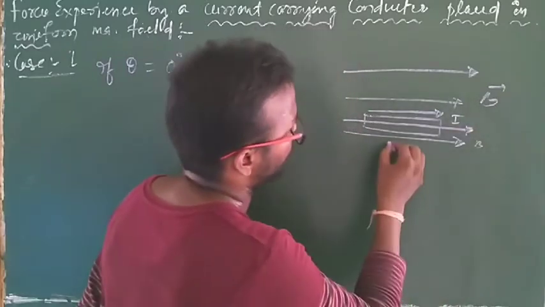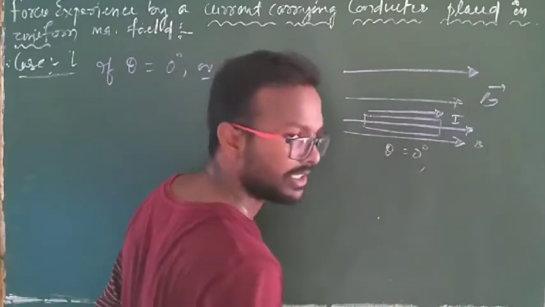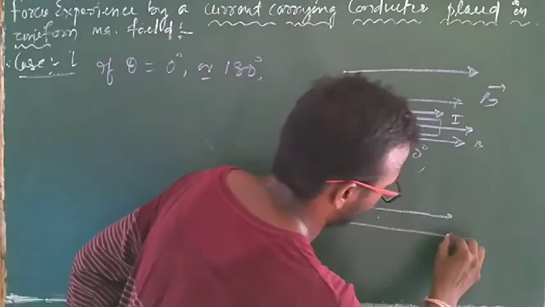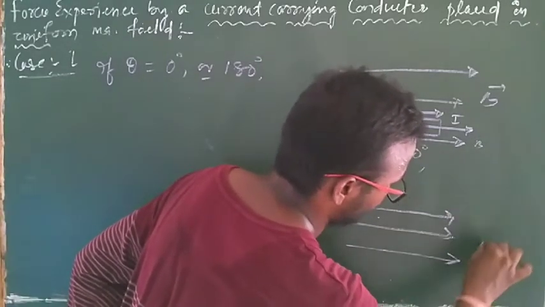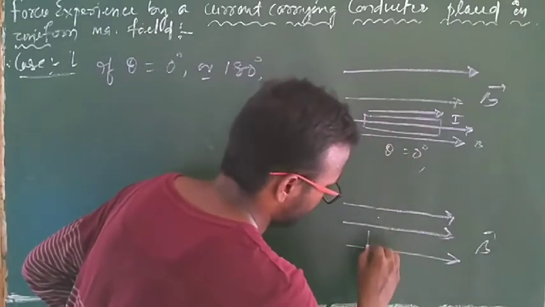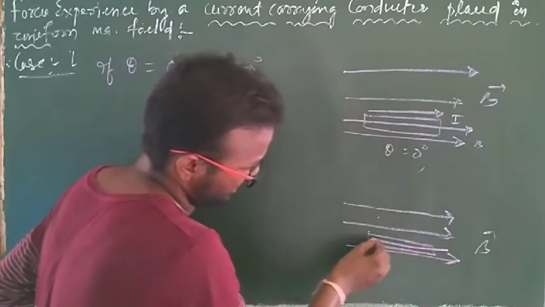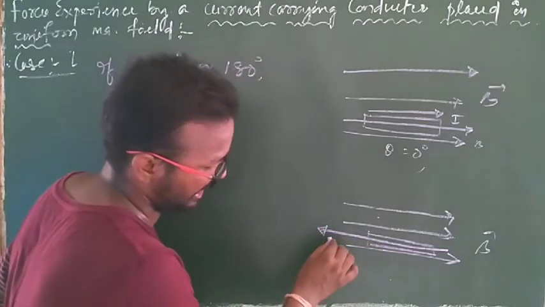So here theta equals 0 degree. Next, if this is the direction of uniform magnetic field B, and suppose there is a current carrying conductor, and this is the direction of flow of current I.